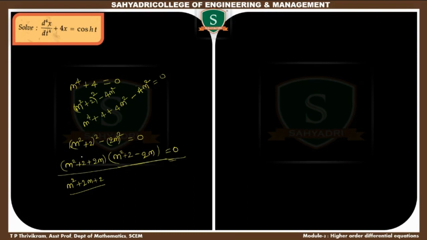You need to find the solutions by using the formula. Make use of the quadratic equation roots formula, minus b plus or minus root b square minus 4ac by 2a, for solving these two equations, so that you'll get 4 solutions.